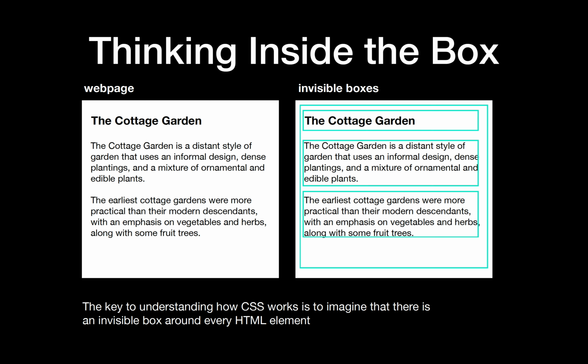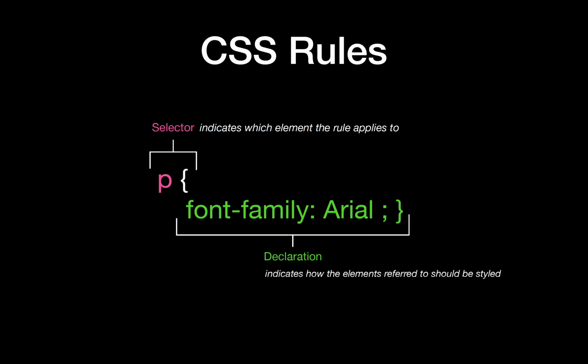So the key to understanding how CSS works is to imagine that there's an invisible box around every HTML element. So what's going on with that box? Let's unpack that a little bit more. CSS functions off of what is called the box model, which we'll discuss a little bit further in these lessons, but I wanted to get you into thinking about what is a CSS rule.